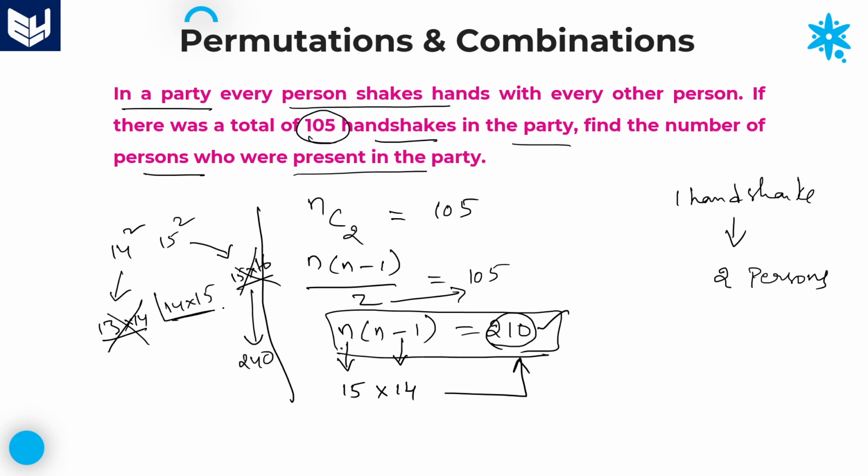Therefore, your required combination is 14 into 15. Here n is equal to 15 and n minus 1 is equal to 14. Therefore, the number of persons in the party is 15. In this way, you can identify the number of persons in the party.